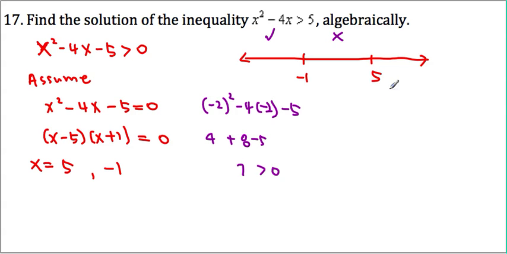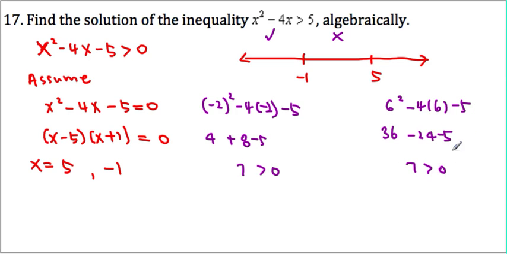How about 6, which is greater than 5 in this section. So we would have 6 squared, not plus, but minus 4 times 6 minus 5. What do you end up getting? We have 36 minus 24 minus 5. If you combine them together, we end up getting 7.